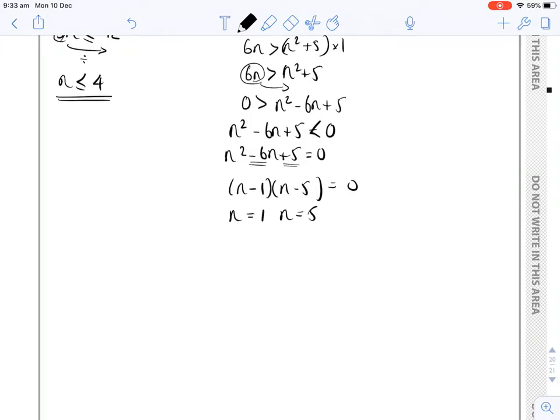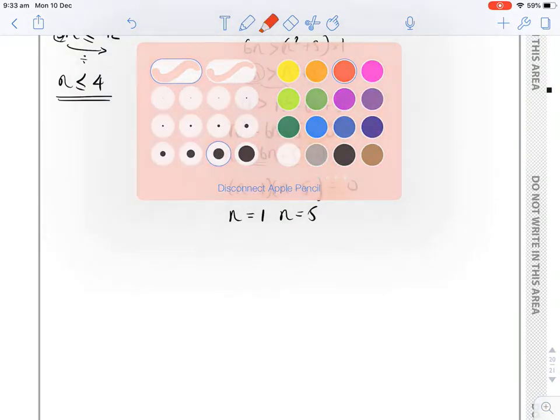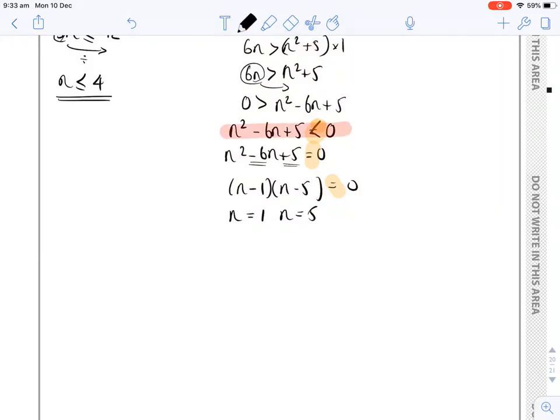Now the issue is that we're not actually solving where it's equal to, we're solving where it's less than. So we've got to think, right, what we've got here is a quadratic. And we've found that it's going to cross the x-axis at positive 1 and positive 5. So we've got a graph. We know that it's going to cross where n is 1 and where n is 5, so here and here.